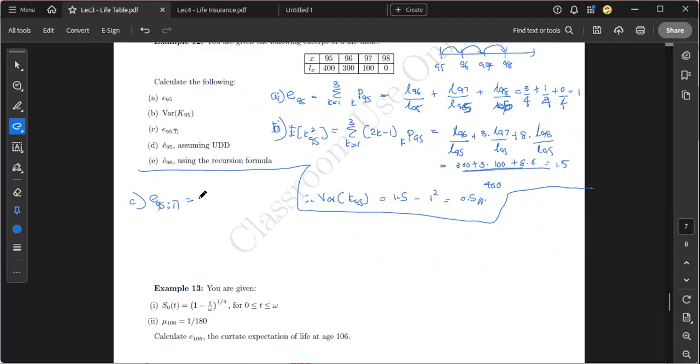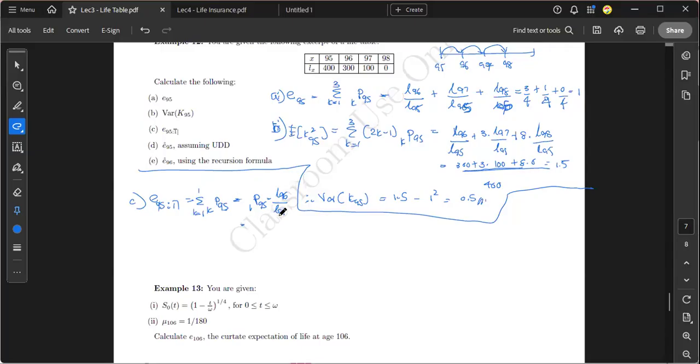So we know that from definition, k is starting from 1. Since n is 1, it goes from 1 to 1. And the probability is from 95 to k, which is p 95 1 and L96 over 95.